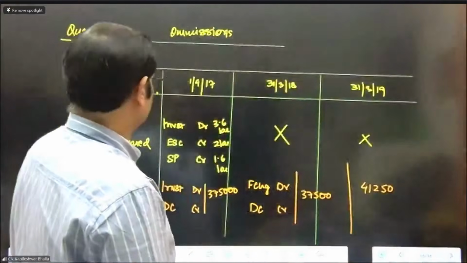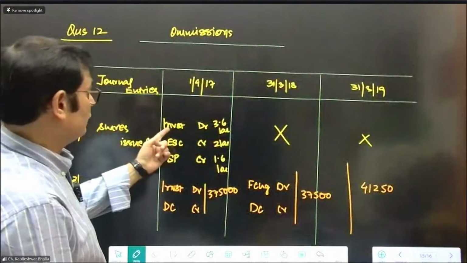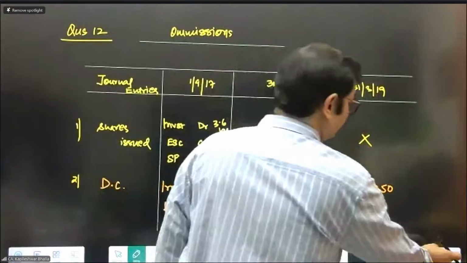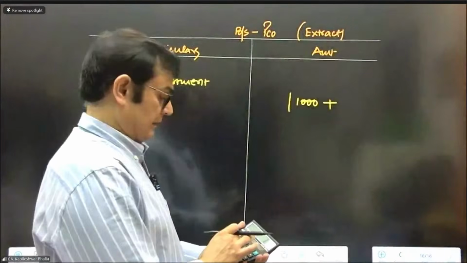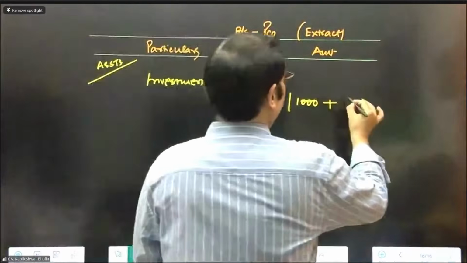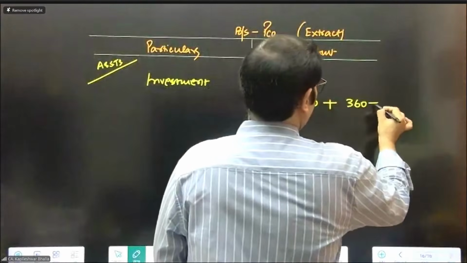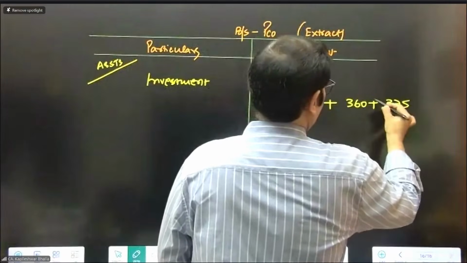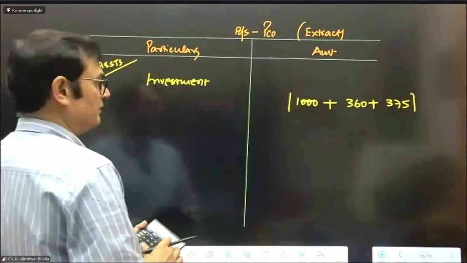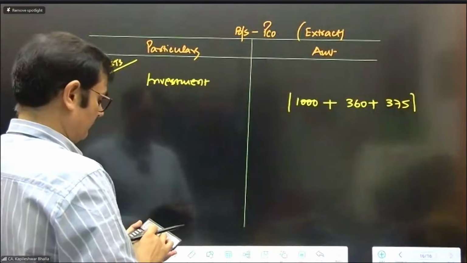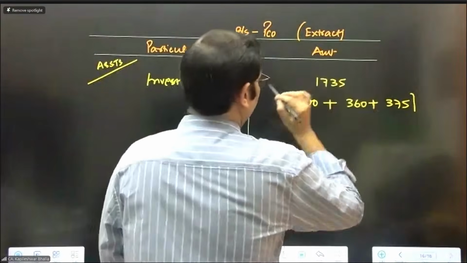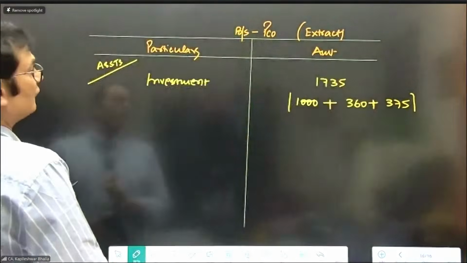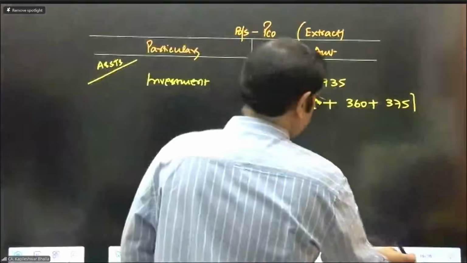So once you take the investment, you've omitted 360 and 375. So 3,60,000 in terms of thousands would be 360, and 375 in terms of thousands would be 375. So that works out at 1735. So that changes on the asset side.